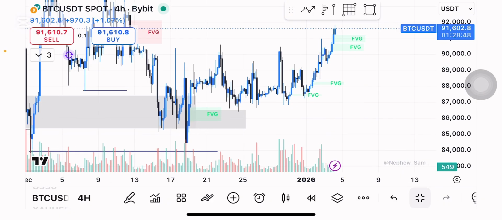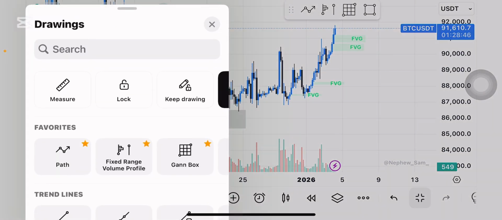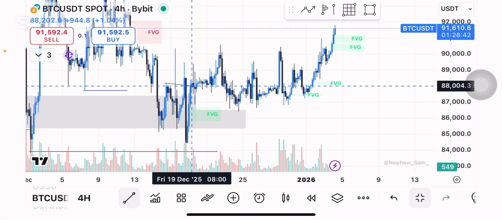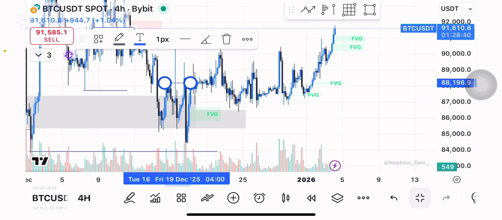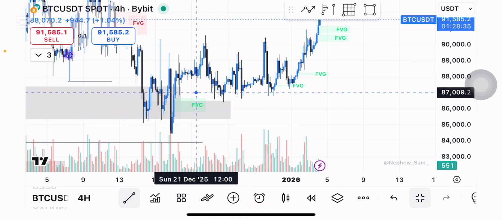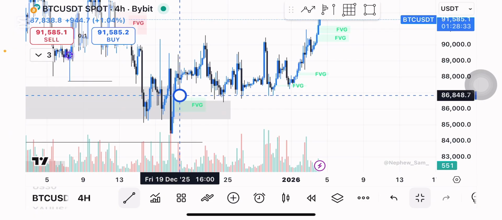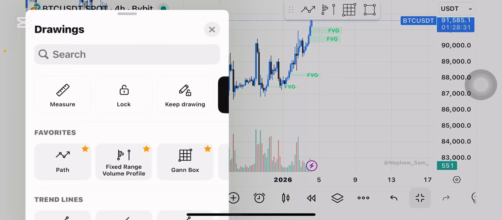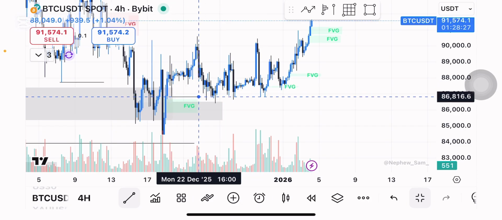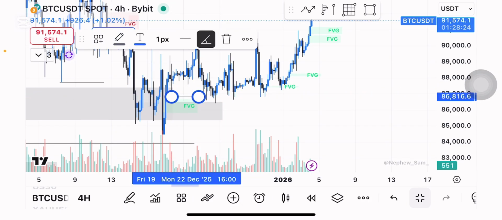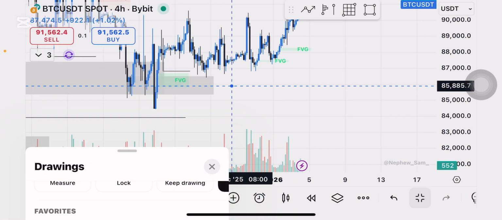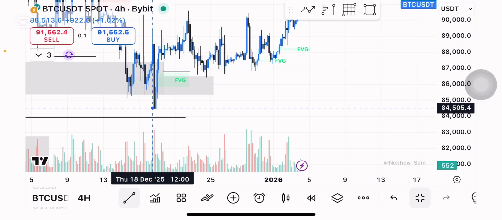So then this was the break, the break of structure. Then this was the liquidity, the liquidity that happened close to it. So that's the concept of Quasimodo, and your stop loss will be your protected level.